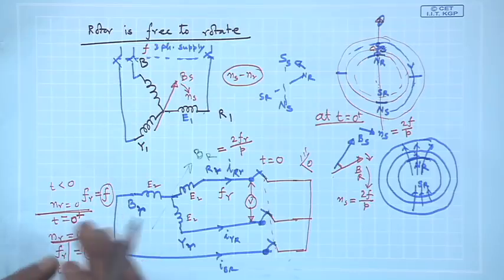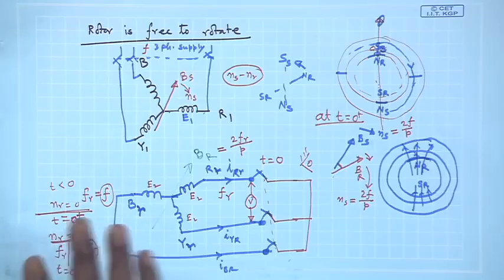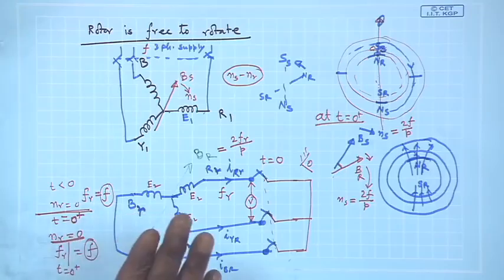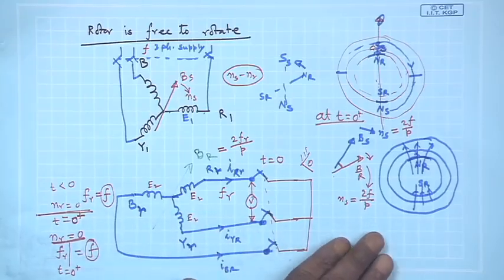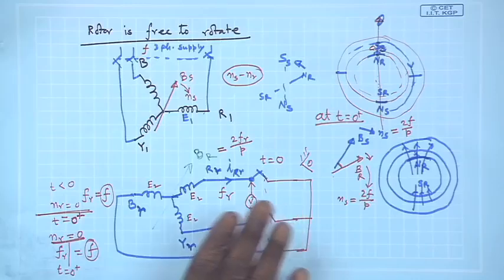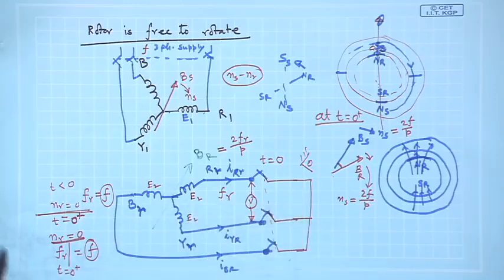At least one thing we are sure about, that the stator field and rotor field, with respect to a stationary observer, he will conclude that both of them are rotating with the same speed, the so-called synchronous speed, at t equal to 0 plus.